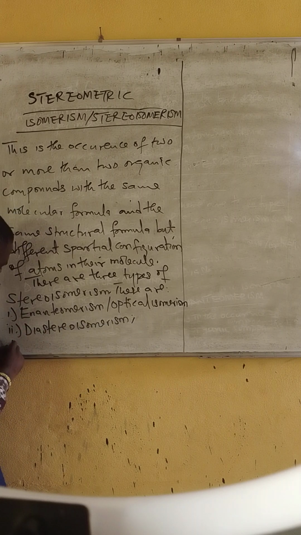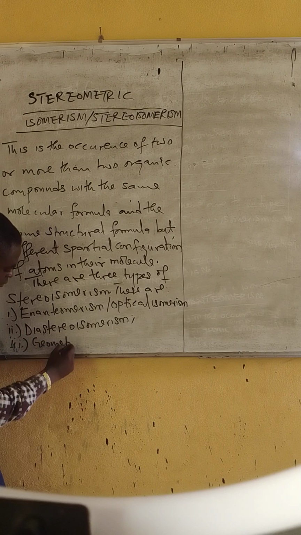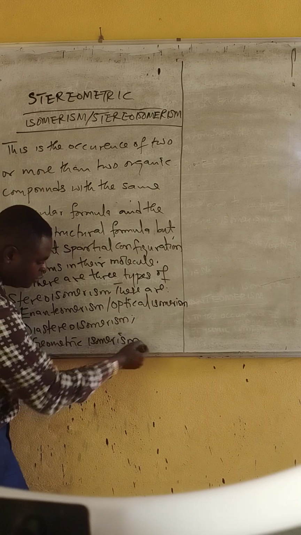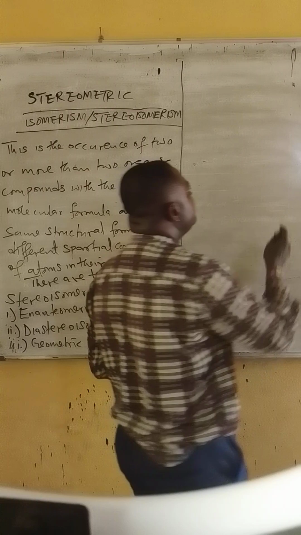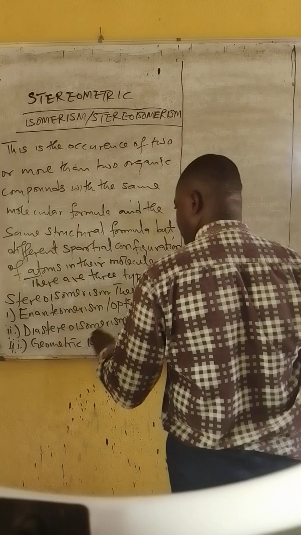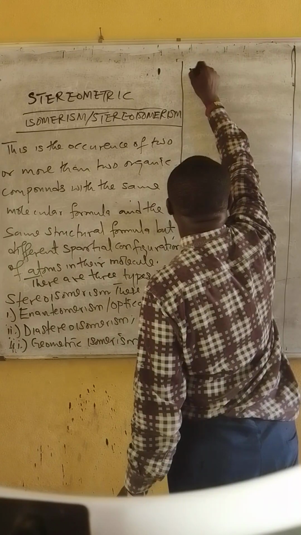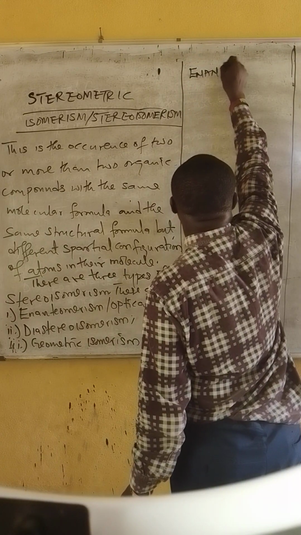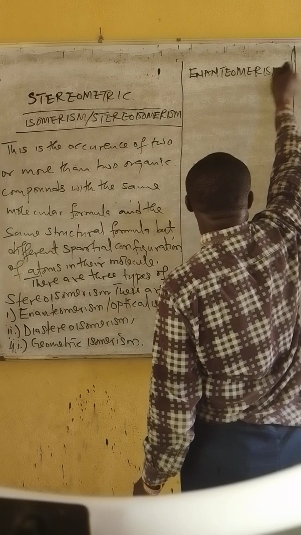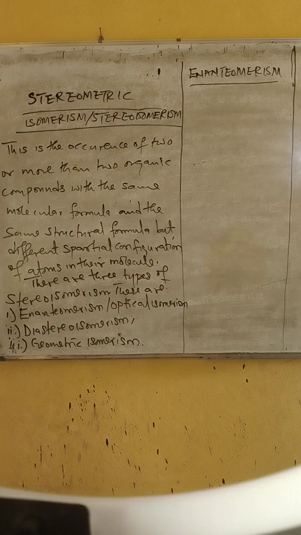And lastly, we have geometric isomerism. So we are going to discuss these in 3 different videos. Okay, let's talk about the first one, enantiomerism.